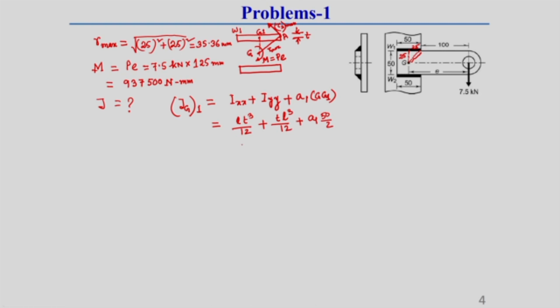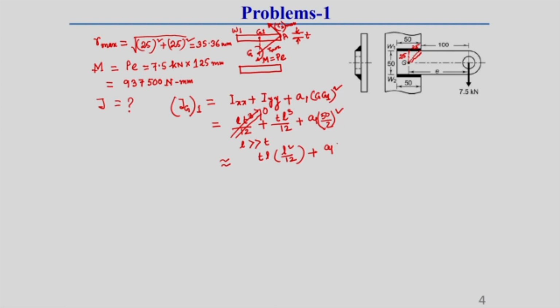Now, compared to T, L is much greater, that is why this first term, as I told you in last lecture, we neglected, we consider as equal to 0. So, we can get Jg1 equal to T into L into L square by 12 plus A1 into this distance from G to G1 square.